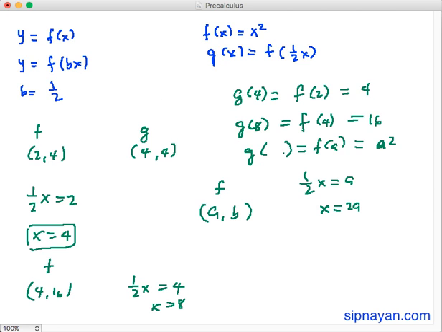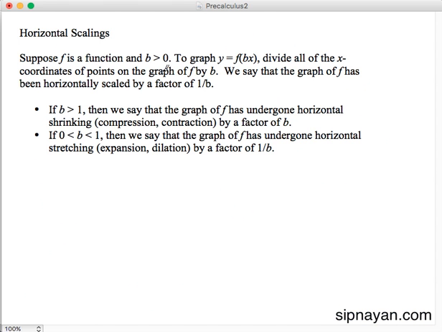Okay? Now from this discussion, pwede natin tignan yung generalization dito. Natapos na natin yung b greater than 1 here. B is fraction between 0 and 1. So if b is between 0 and 1, then we say that the graph of f has undergone horizontal translation, which is an expansion.